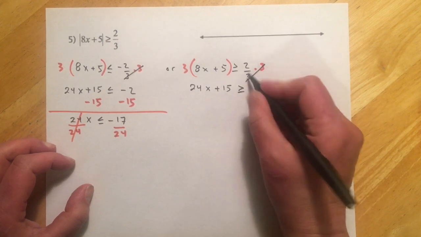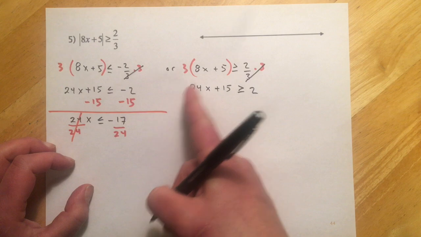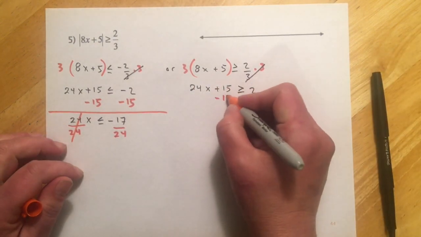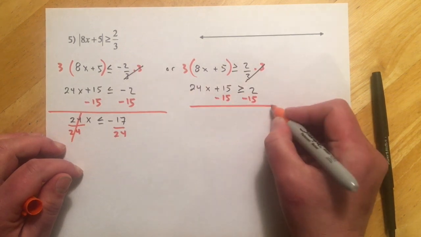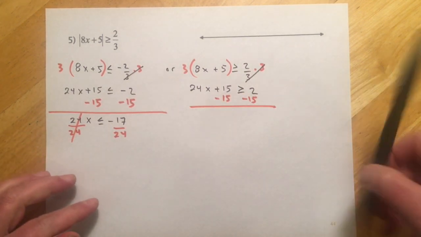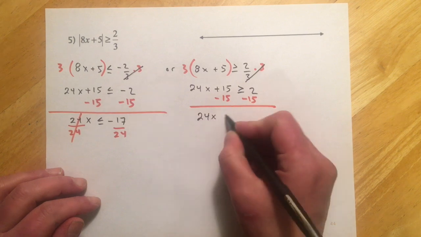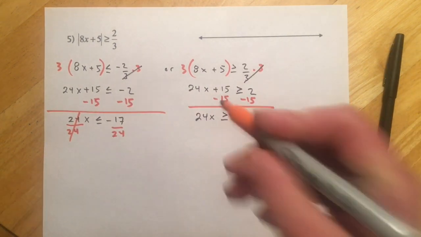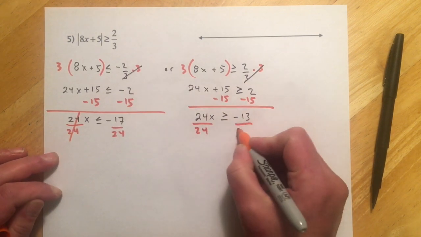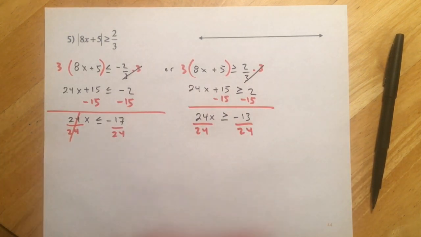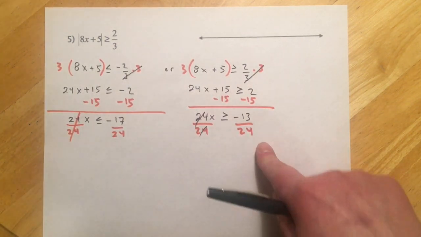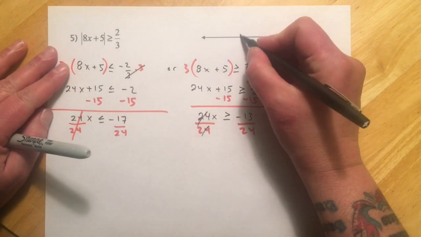So that side comes up positive 2. And then we'll just do the same stuff, bring the 15 and divide by 24. And those cancel. So those are our 2 not very nice answers, but they are what they are.